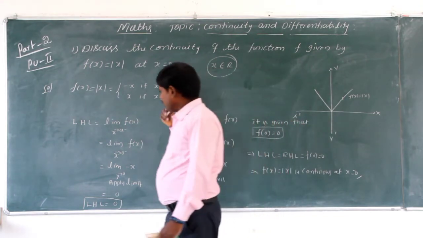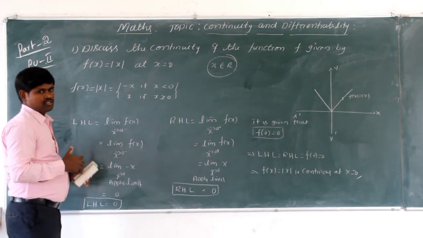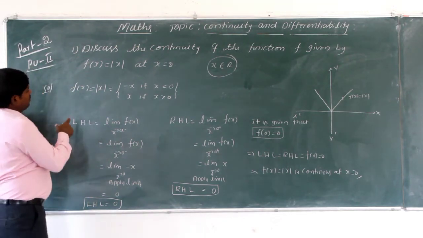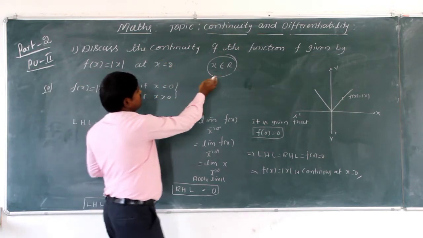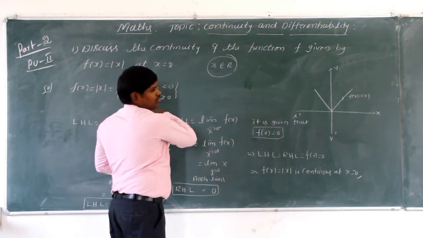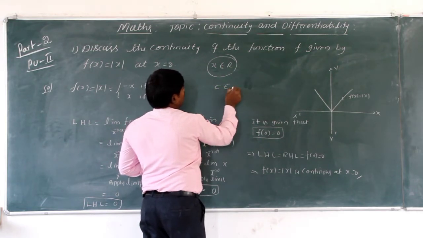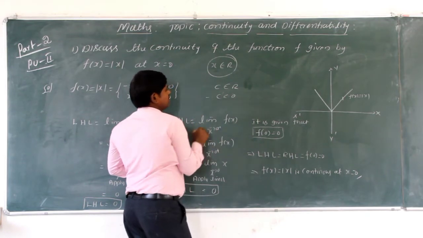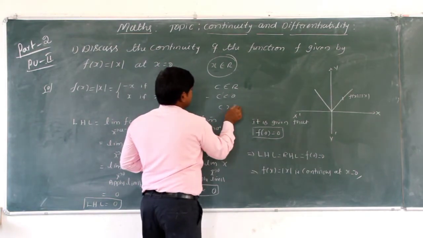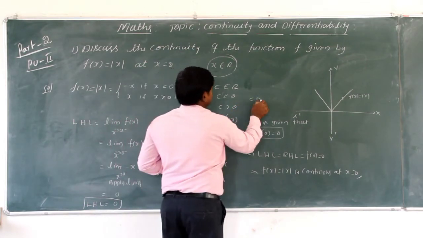We solve that case in three cases. Suppose we take any real value c belonging to R: c is less than 0 in one case, c is greater than 0 in another case, and the third one is c equal to 0.